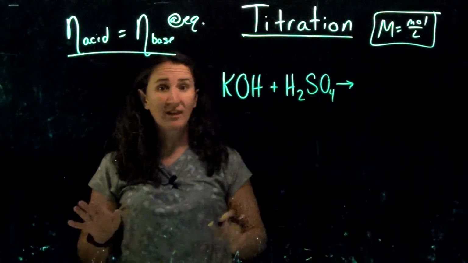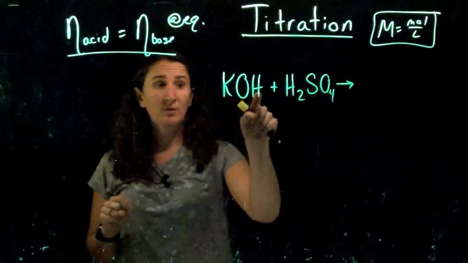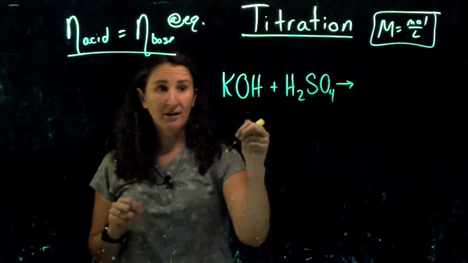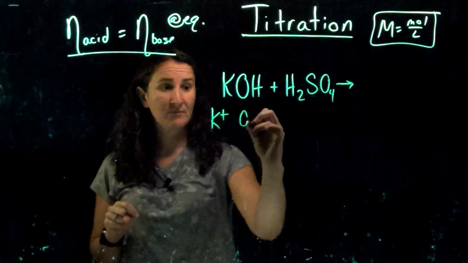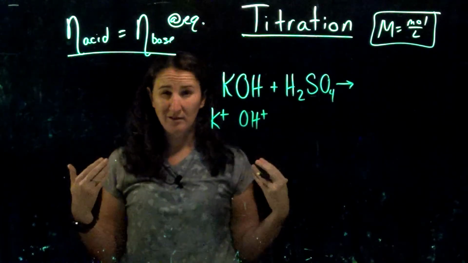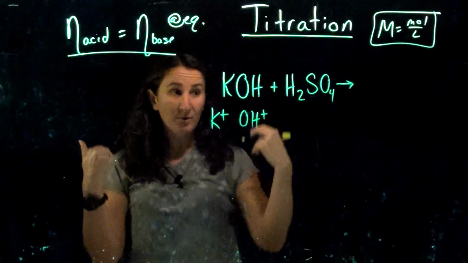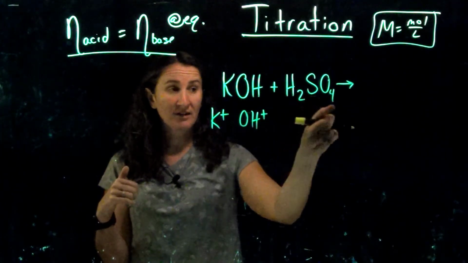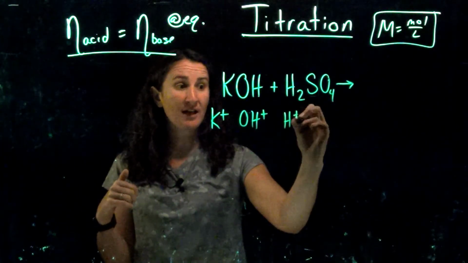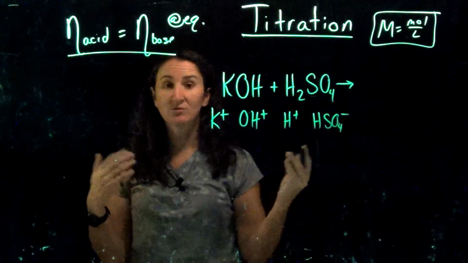To simplify things, we're just going to do what's called our first equivalence point, which means we're going to assume that all of these come apart. So you've got your potassium, your hydroxide, but we're going to assume only 1 proton comes off. That's your definition of a first equivalence point. So 1 proton comes off. So if 1 proton comes out of this, you've got H plus, and then you have HSO4 minus remaining, okay?